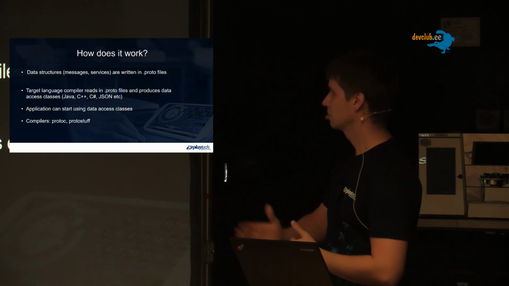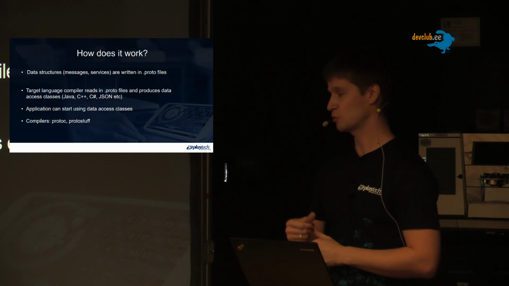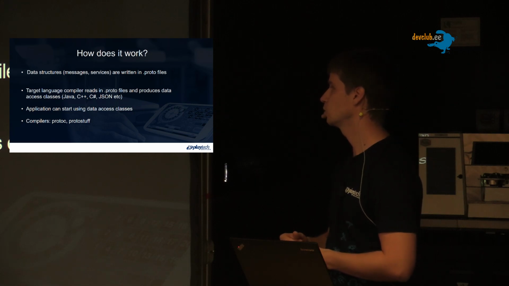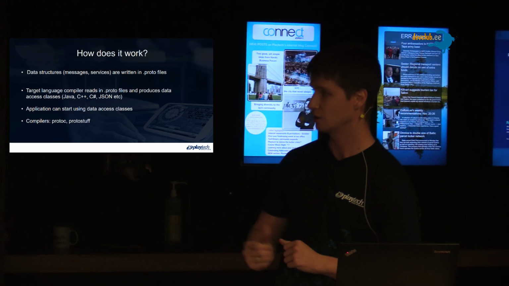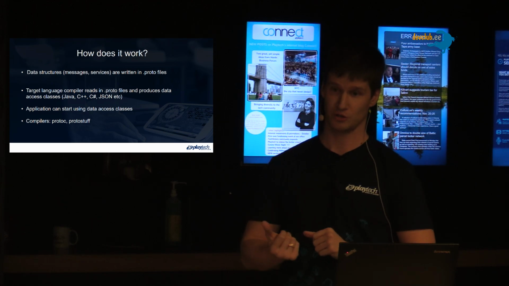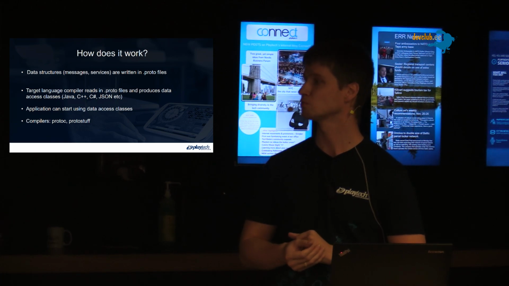So next step, once that's done, depending on how your project is built or organized, let's say if it's a Maven project using one of the available plugins, either Protostuff or protoc, the proto files can be compiled into a target language. I will show later in a demo and examples session how it's done.